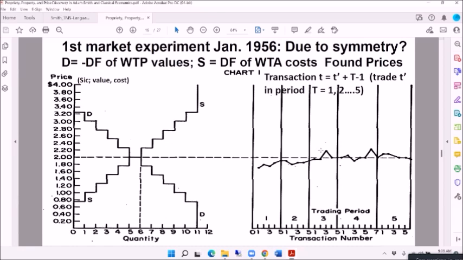And they're trading by an open outcry, two-sided auction. Okay, buyers announce bids, sellers announce asks. A buyer can trade by having his bid accepted by some seller, or by accepting the ask of some seller. So it's a two-sided trading.